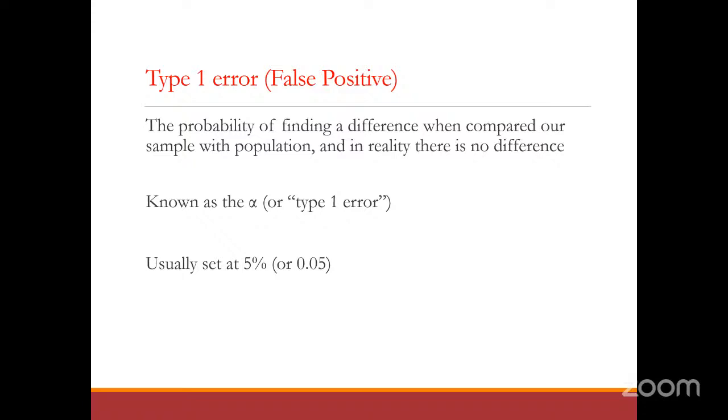Suppose we are studying some pregnant woman, and the pregnant woman goes to the doctor, and the doctor did some basic diagnostics, and the diagnosis results showed a positive result.